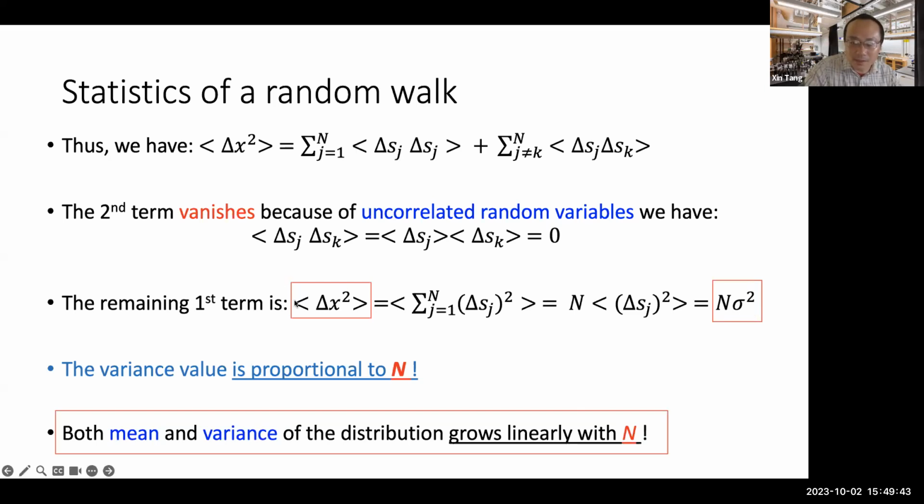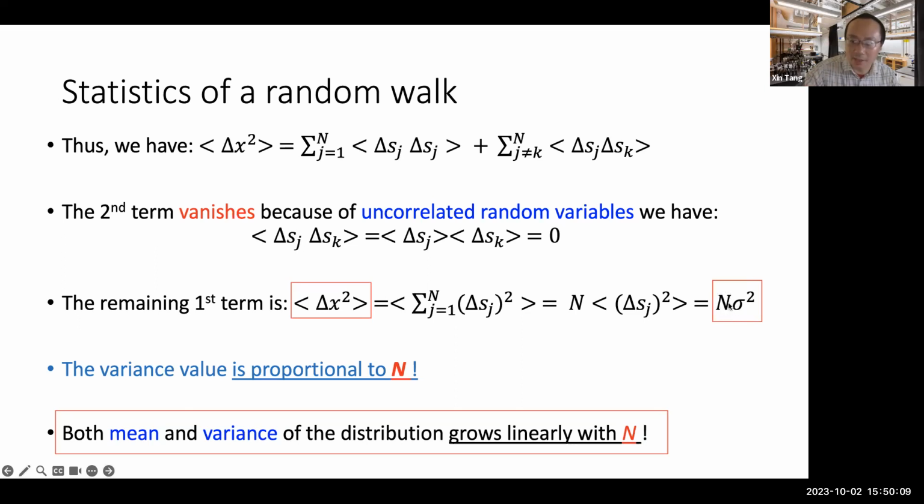What this means is that the final position, which is also a distribution, has a variance that is proportional to the variance of each step, and that proportional coefficient is the n number, the step number.